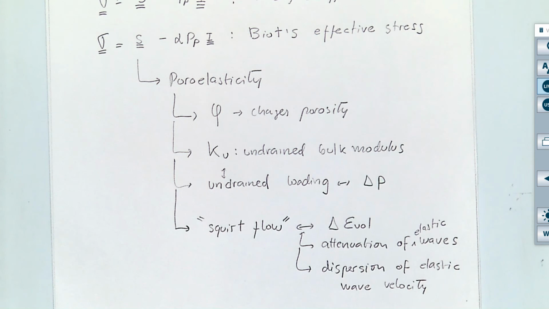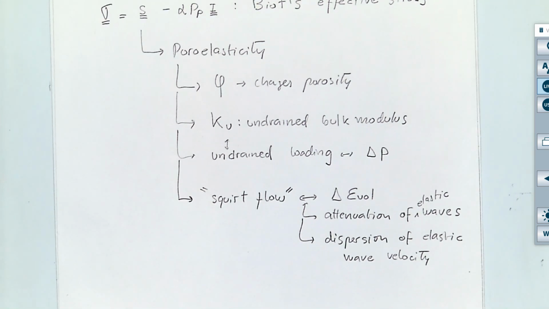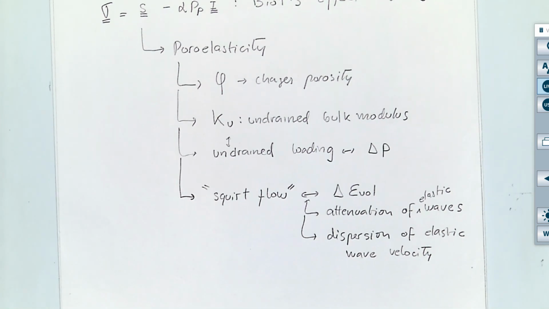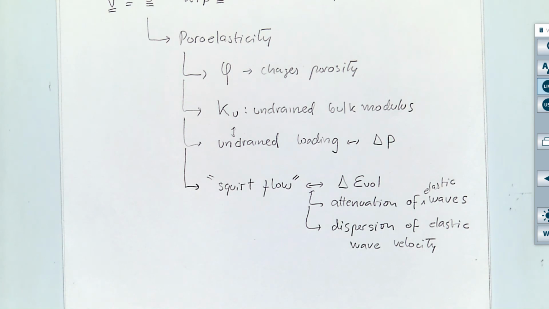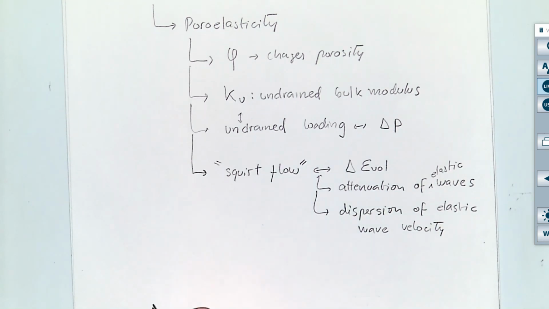So there are going to be many problems for which we utilize poroelasticity. And we can simplify these to two kinds of problems, which are going to be the end members of the actual solution of a poroelastic problem.